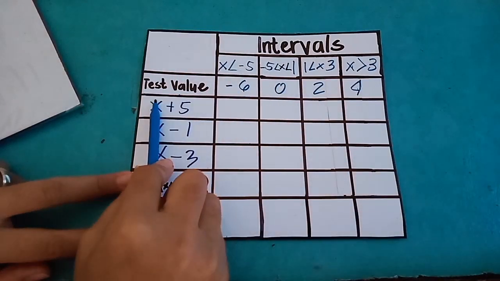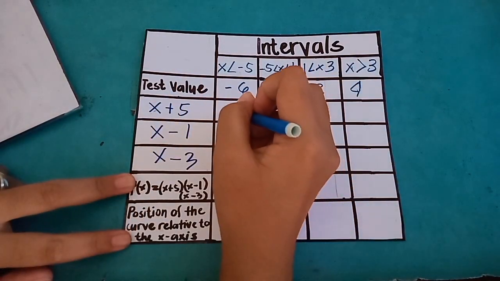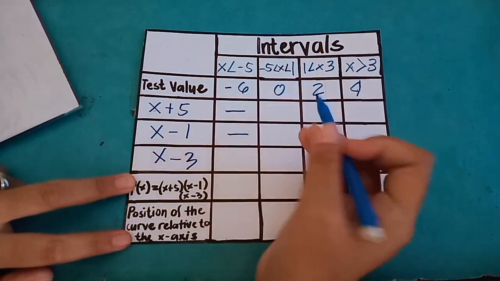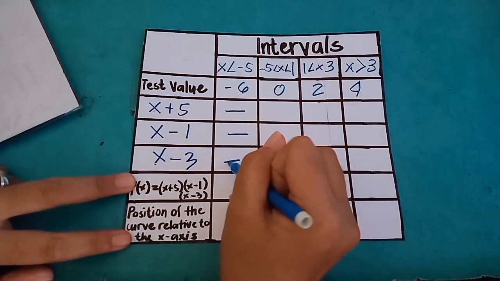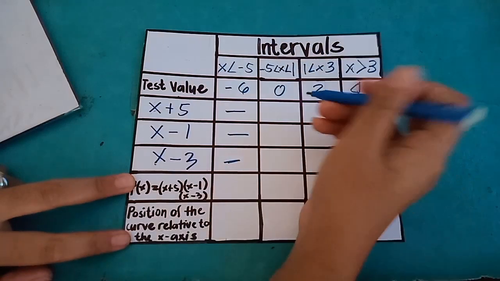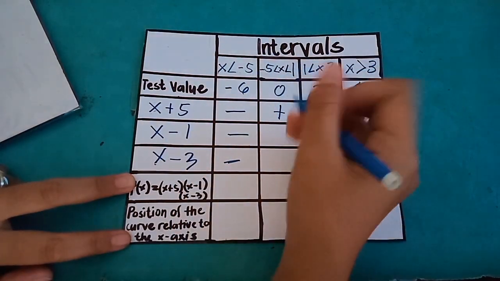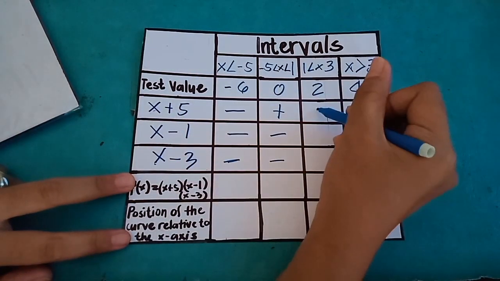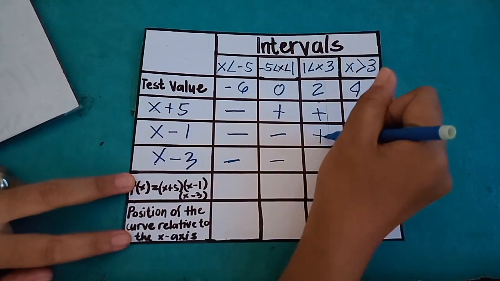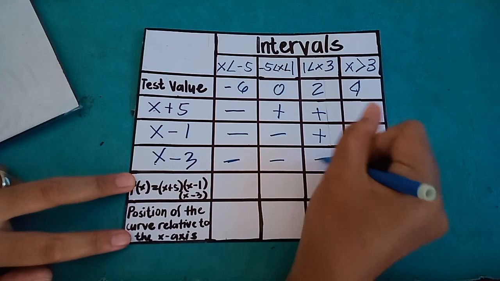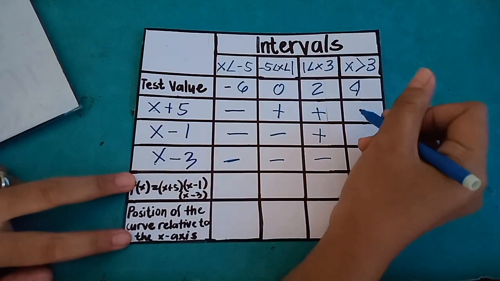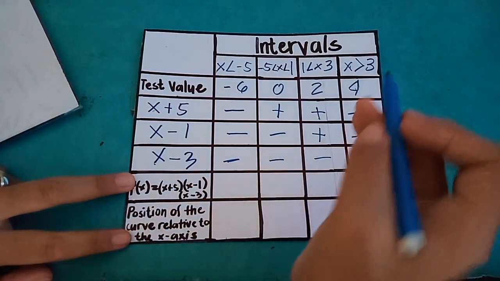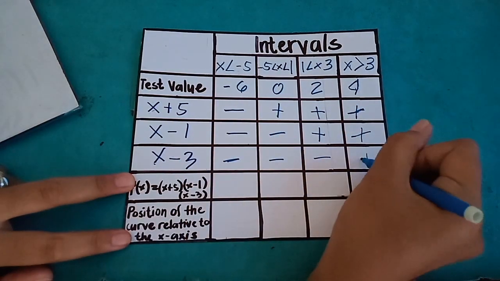To get the next rows, we need to substitute the test values with x. So negative 6: substitute, so we'll have negative 1, negative 6 minus 1, we'll have negative 7, negative 6 minus 3 is negative 9. 0 plus 5 is equal to positive 5, 0 minus 1 is negative 1, 0 minus 3 is negative 3. 2 plus 5 is equal to 7, 2 minus 1 is 1, 2 minus 3 is negative 1. 4 plus 5 is equal to 9, 4 minus 1 is positive 3, 4 minus 3 is positive 1.